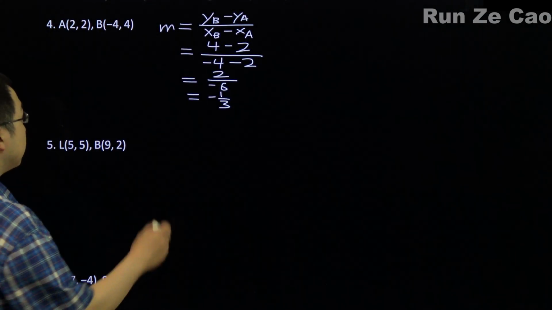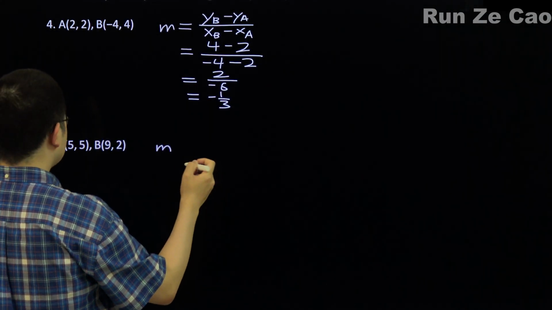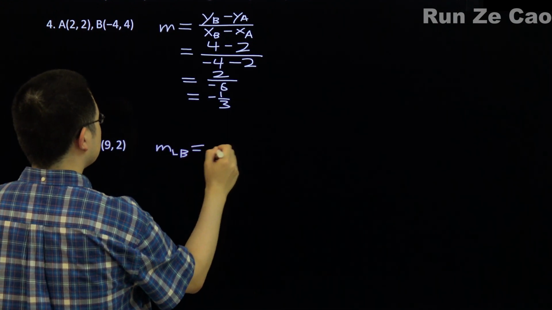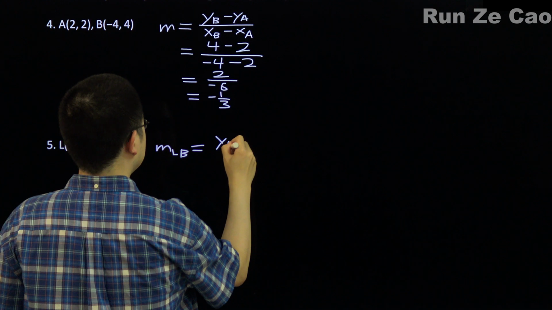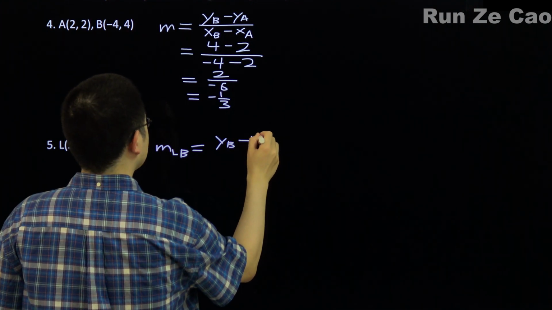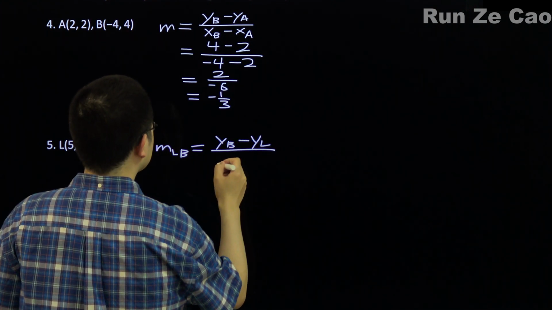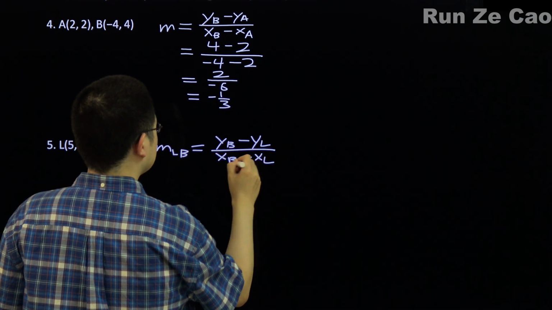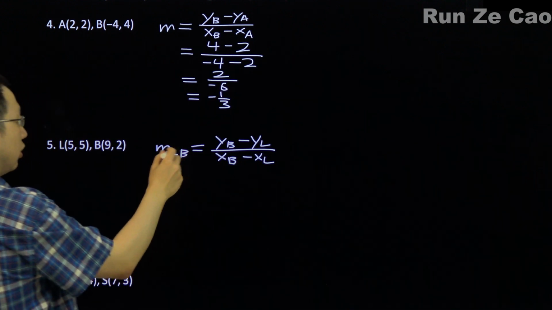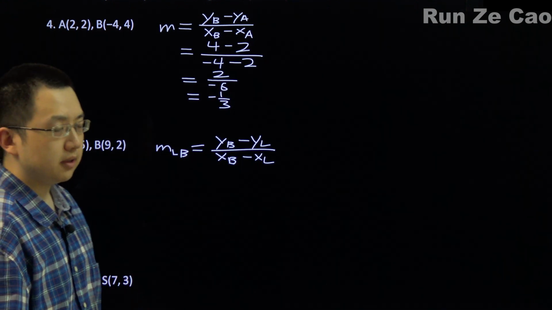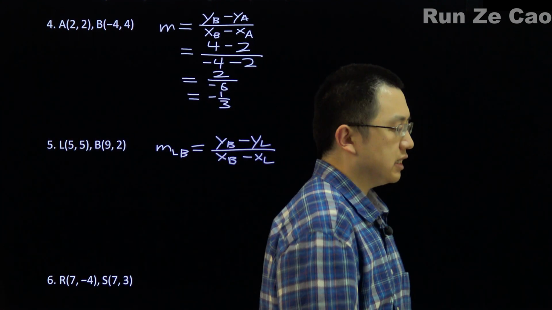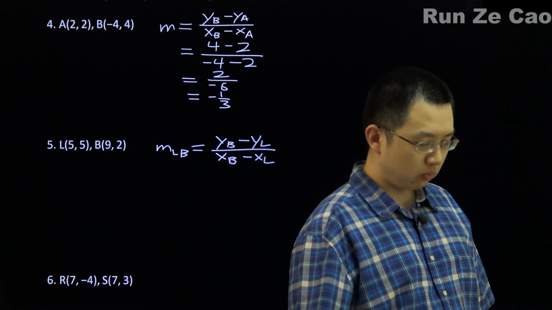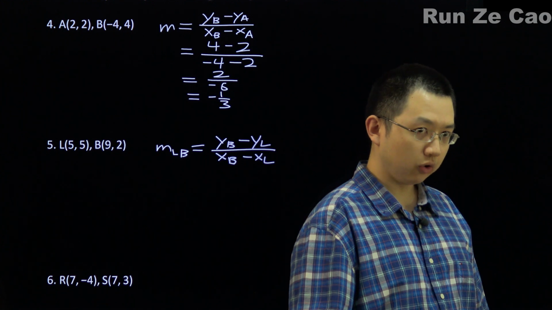Now for L and B here, the slope of LB is equal to YB minus YL over XB minus XL. To be fair though, labeling the slopes with subscripts is not necessarily essential when you're doing one slope per question or sub-question.